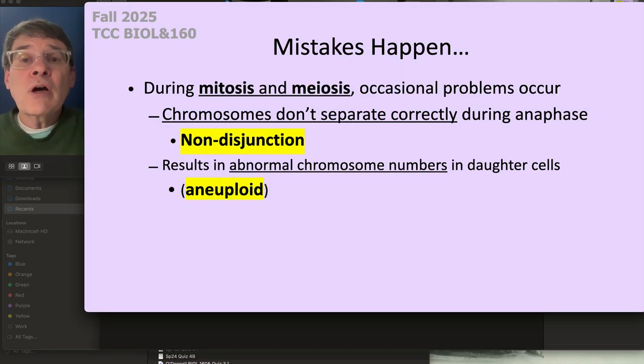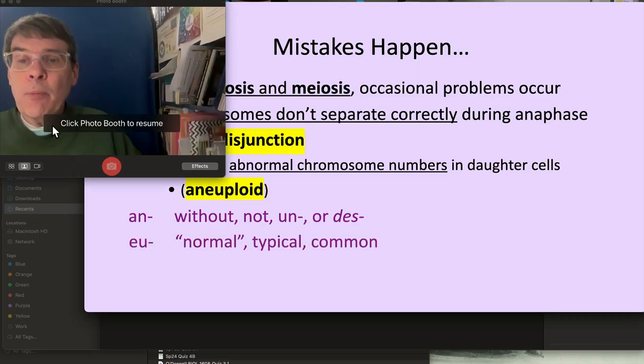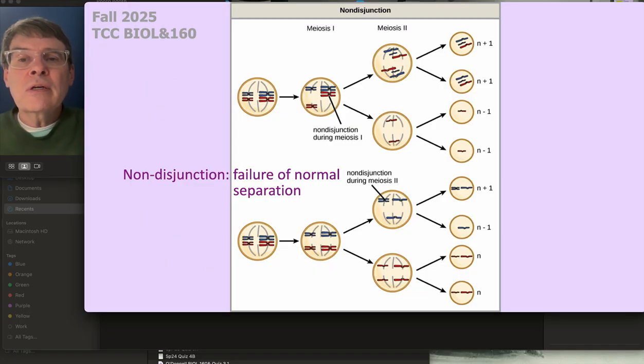Sometimes the process goes wrong. A failure for the chromosomes to separate correctly, perhaps a poor attachment of the microtubule spindle fibers that don't function, leaving some chromosomes behind, results in a state called aneuploid, built up of an, meaning not, like an as in anaerobic, u, meaning normal, common, or typical, and ploidy related to the number of chromosomes, not usual number of chromosomes, aneuploid.